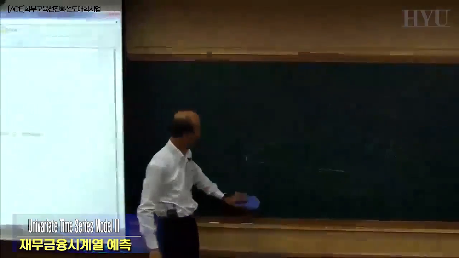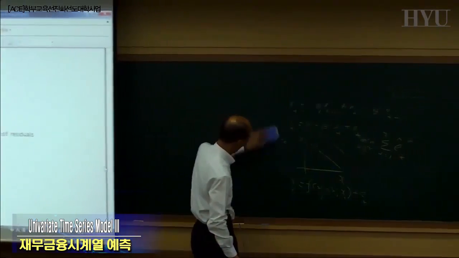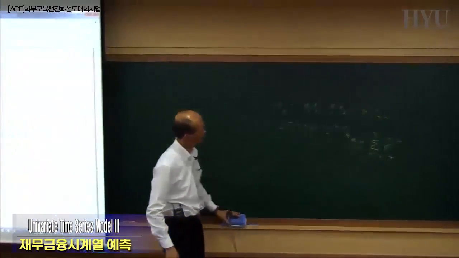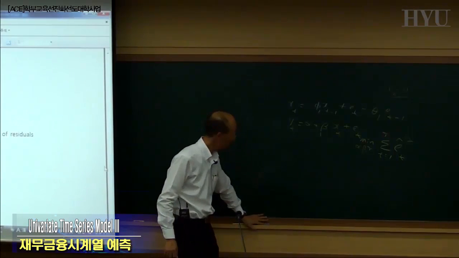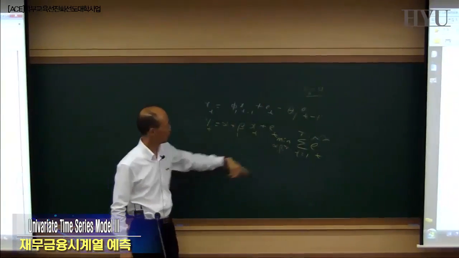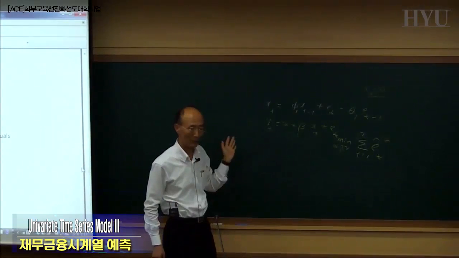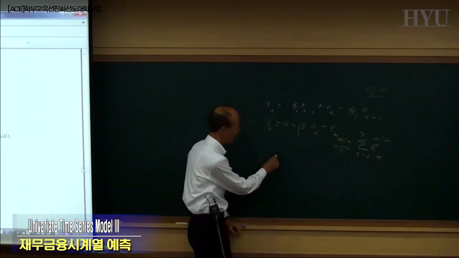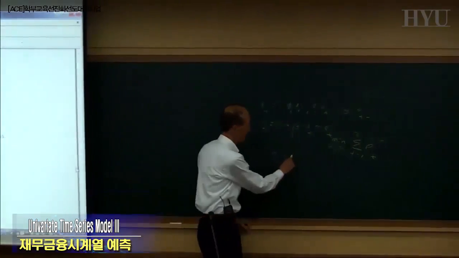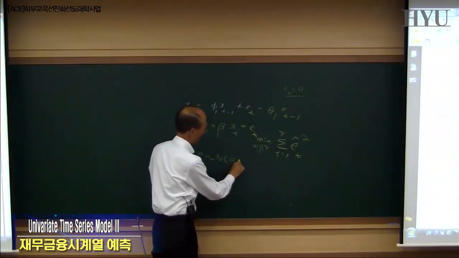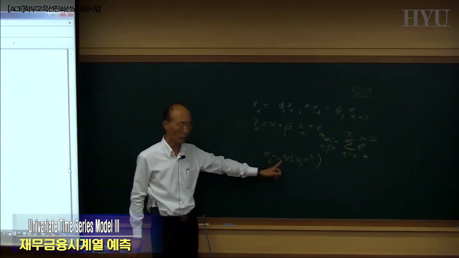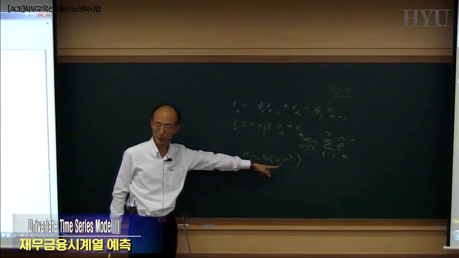Now the maximum likelihood estimation is slightly different. The maximum likelihood estimation, you can apply that to this problem, or this problem, or this problem, or even more complicated problems, where you need to make some assumption about this to calculate the likelihood. For instance, let's say E t is distributed normal with mean 0 and variance sigma squared.